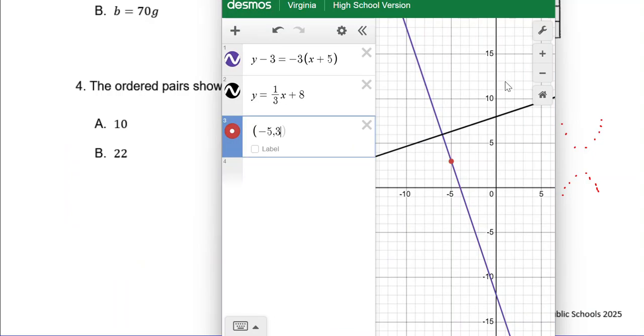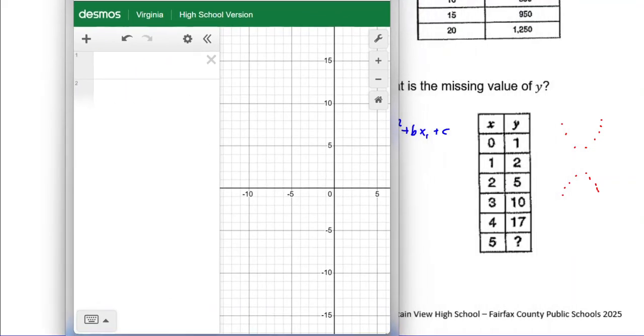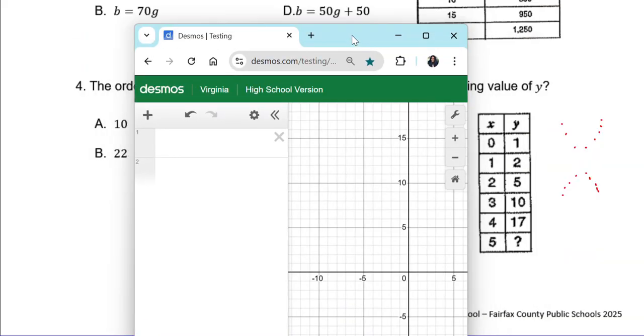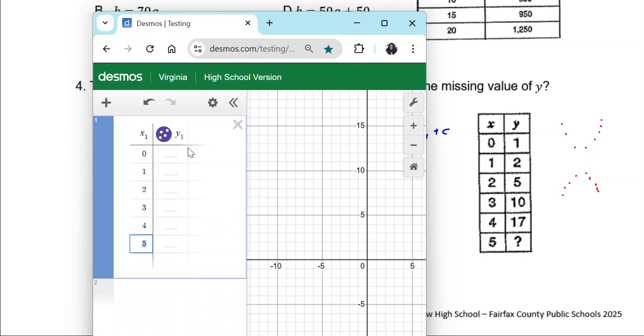So to do a quadratic regression, you're going to first put this in Desmos. Sorry, it keeps doing that. Anyway, we're going to press the plus button, go into a table, and plug the numbers in just the way you see it. Then I actually do need to take off the 5 because I don't have a y value.